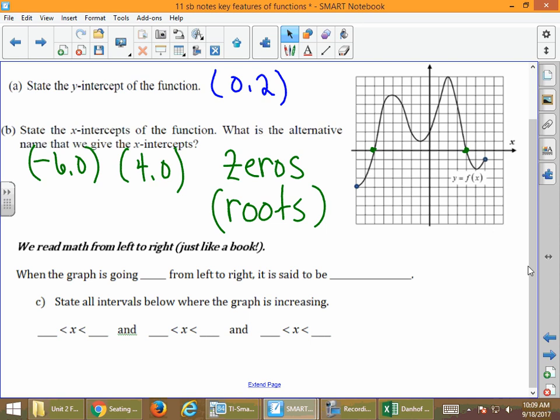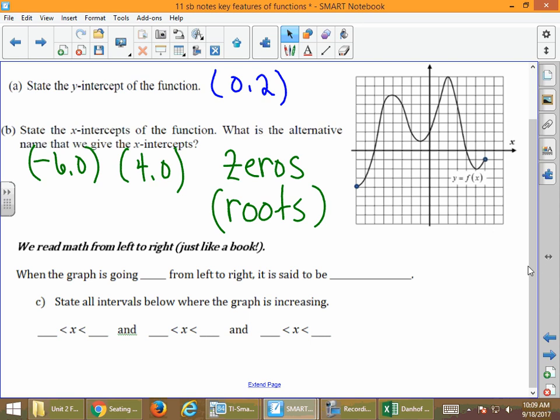But there's more to this graph, and I'm going to erase those points that I just put on there to take them out of confusion. We read math from left to right, so we still read the graph from left to right.